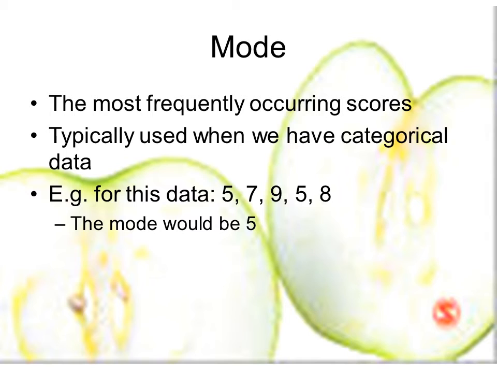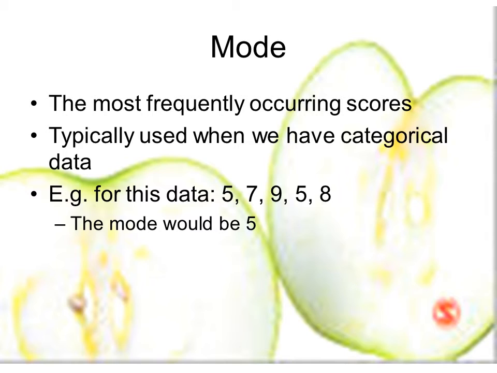In my mind, I think back several years ago, and I think about mode as what's most fashionable, what you see most frequently, and that would be your mode in the measures of central tendency as well.